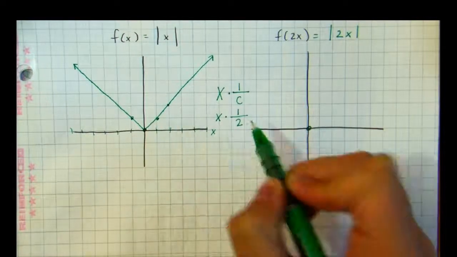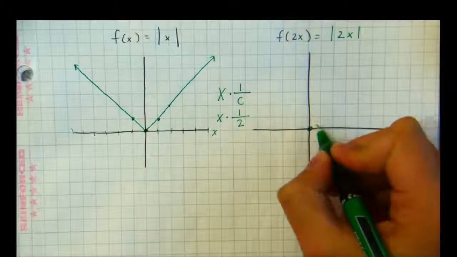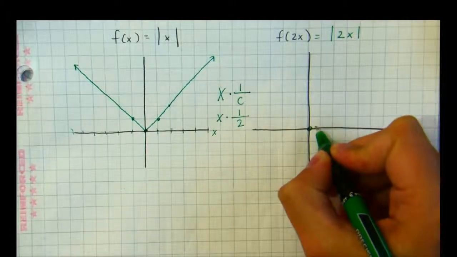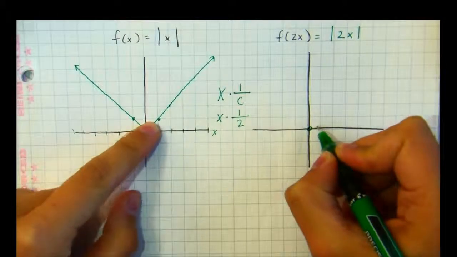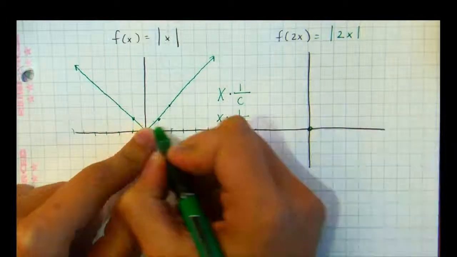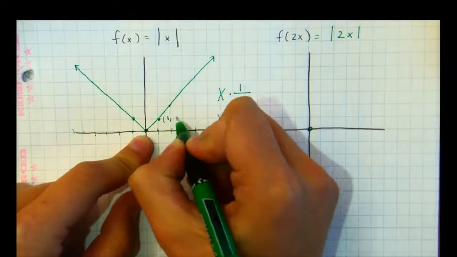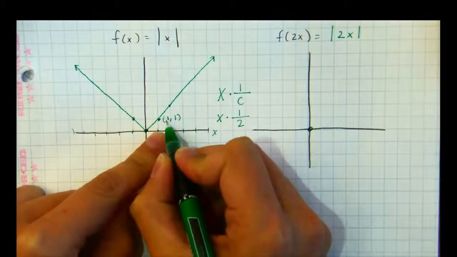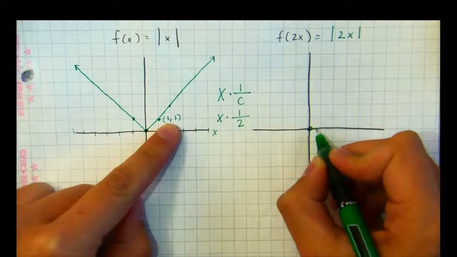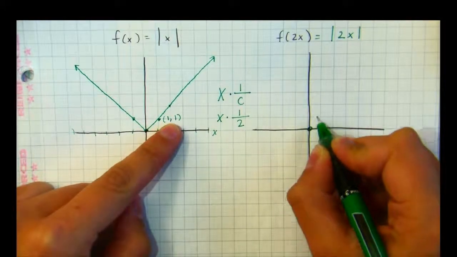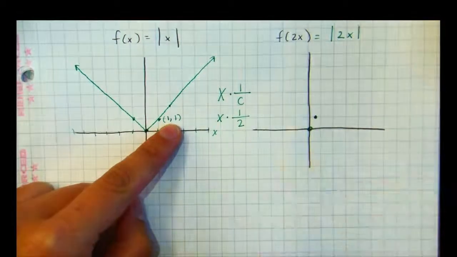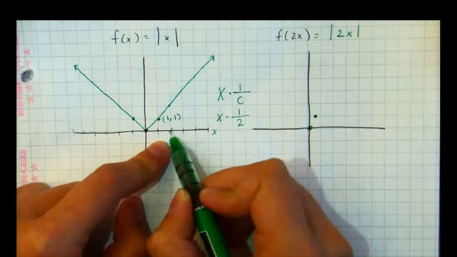If I take 1 and multiply it by 1/2, I'm going to end up at 1/2. My y value, though, doesn't change. So in this point, x is 1, y is 1. My x value is going to change to 1/2, but my y value stays the same. It's still at 1.